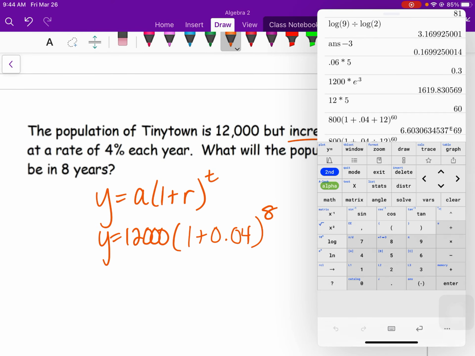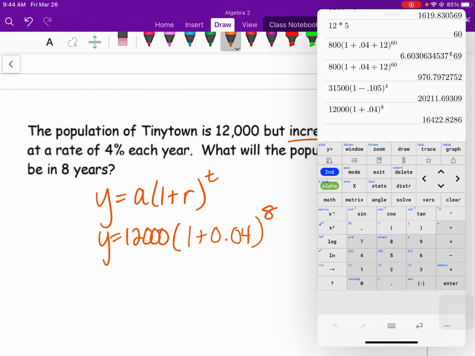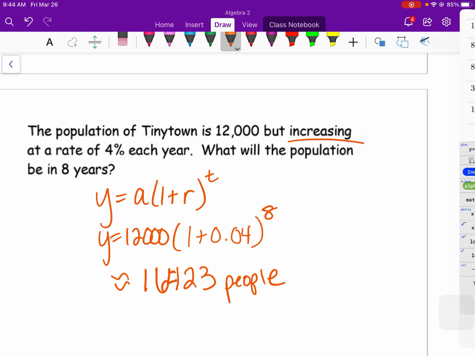And then plugging that in. And then based on the context of the problem here, you're going to want to round to the nearest person because we're talking about population. So it'd be 16,423 people. Okay, just in time.